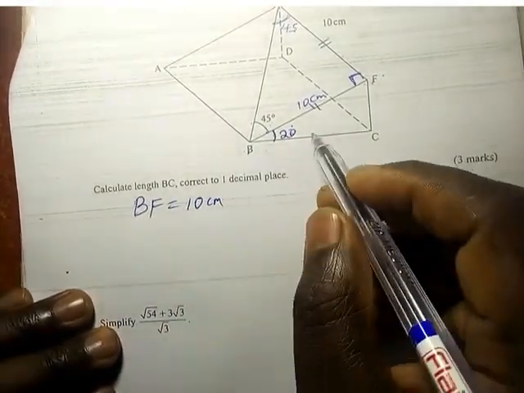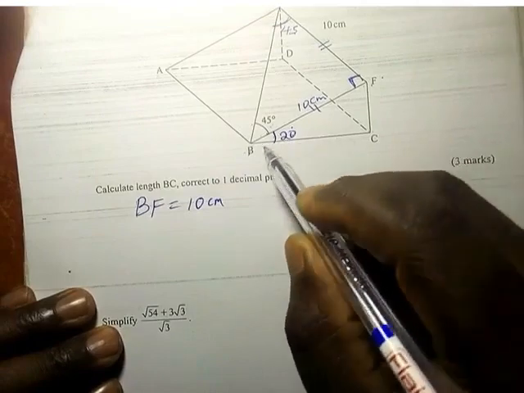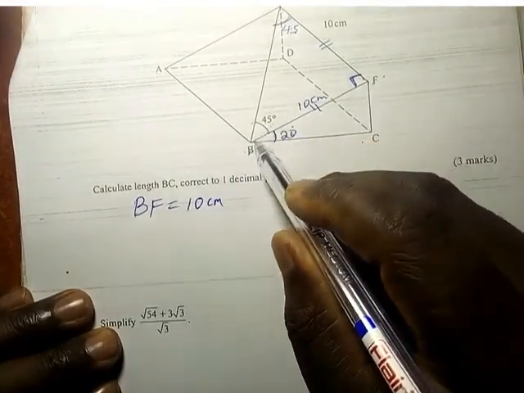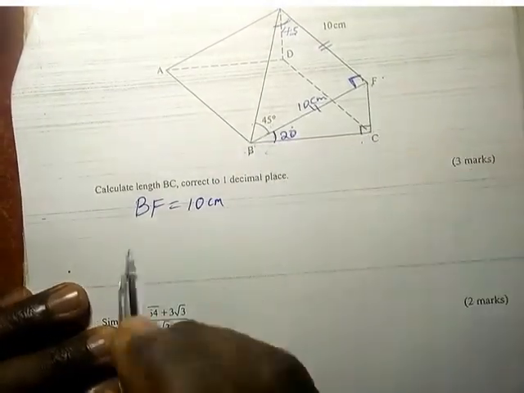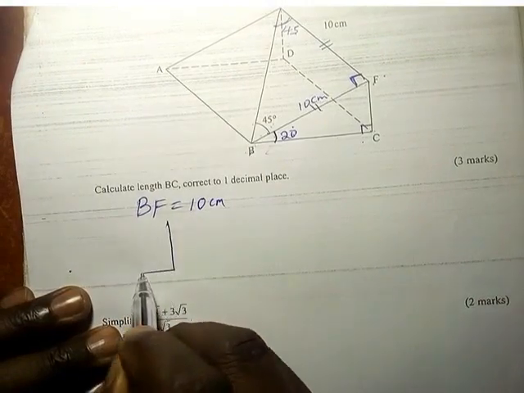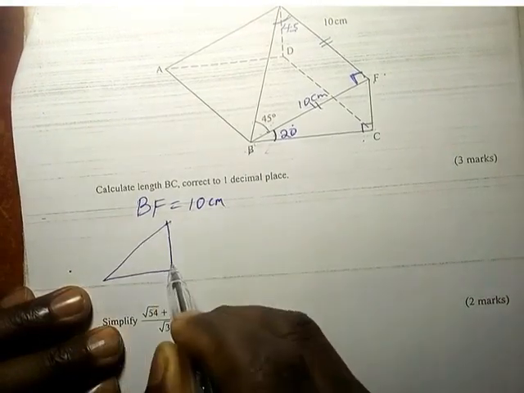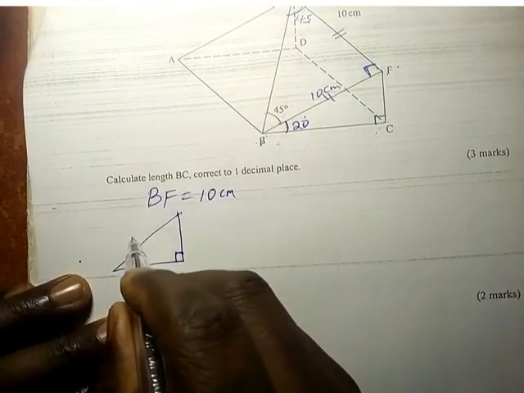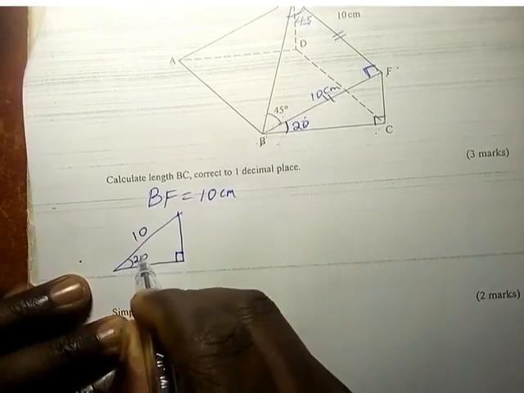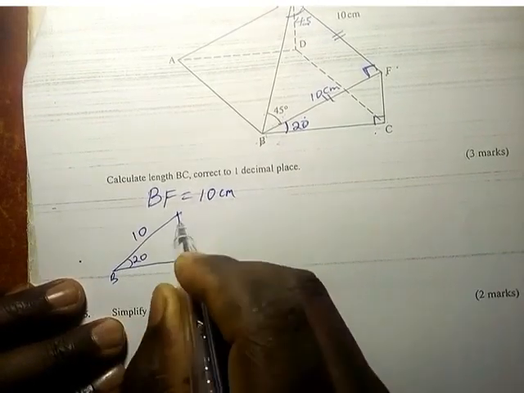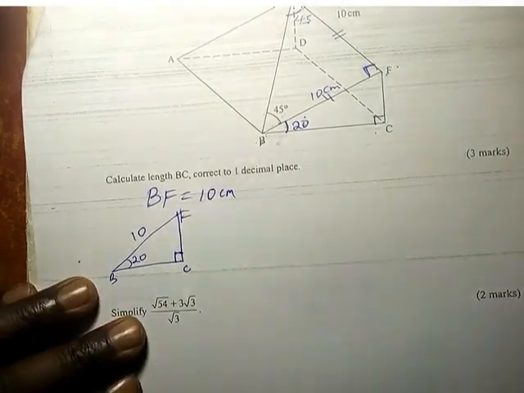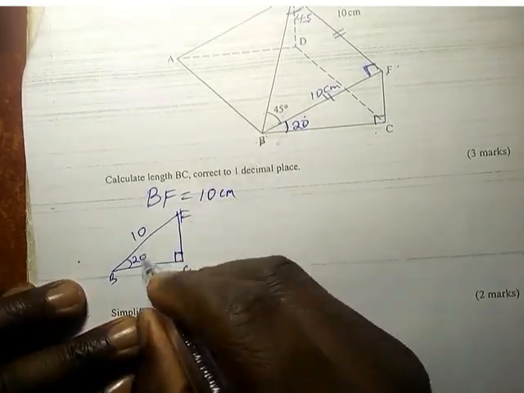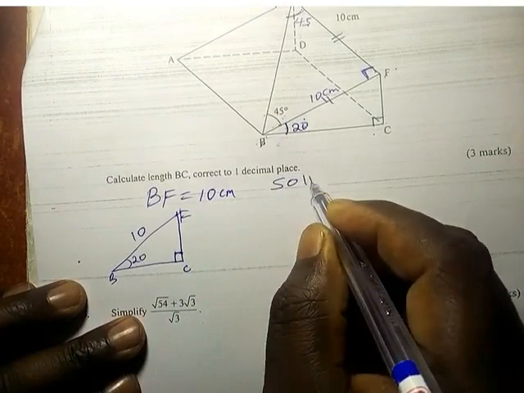So now we have PF. We want to get the length PC. We will extract this right angle triangle here. We have 10, 20, B, C, F. So to get this one, we can use SOHCAHTOA.